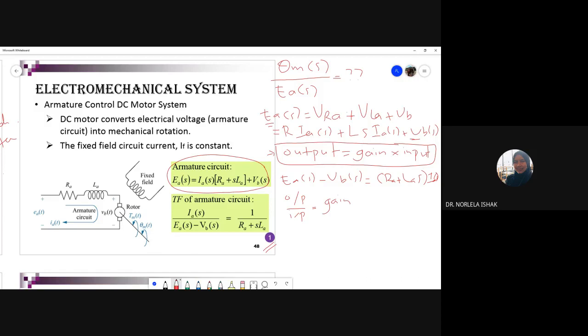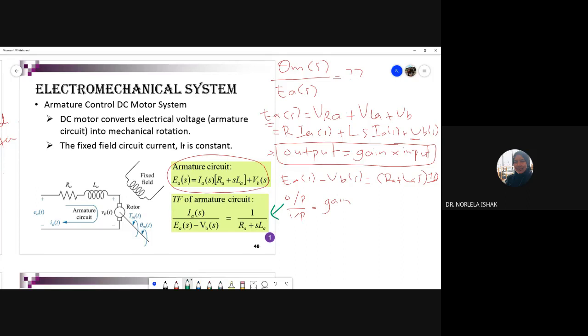So output is IA. I already labeled this here. This is the equation. So what is our output? Output is our armature current over input. What is input? It's the difference between applied voltage and back EMF voltage, and then equal to 1 over the total of the impedance.